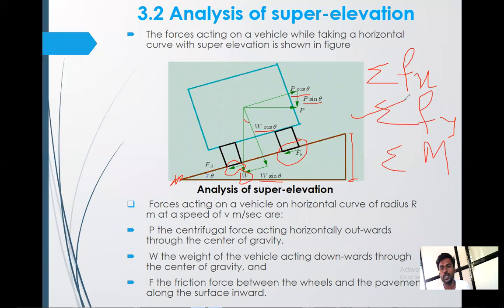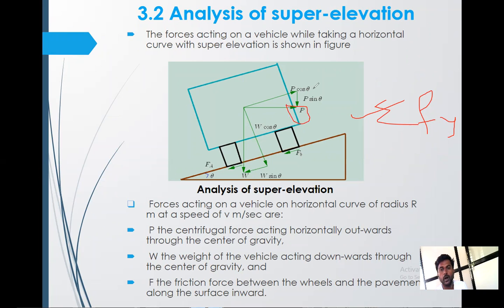It means the summation of all forces acting in the y direction is equal to 0. So see here, what are the forces acting in the y direction? First, forget about P and W, because P is divided into two parts, P cos theta and P sin theta, and W is divided into two components, W sin theta and W cos theta.